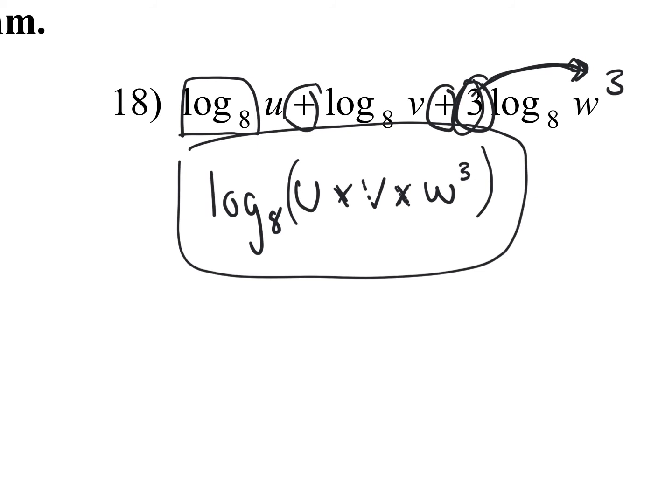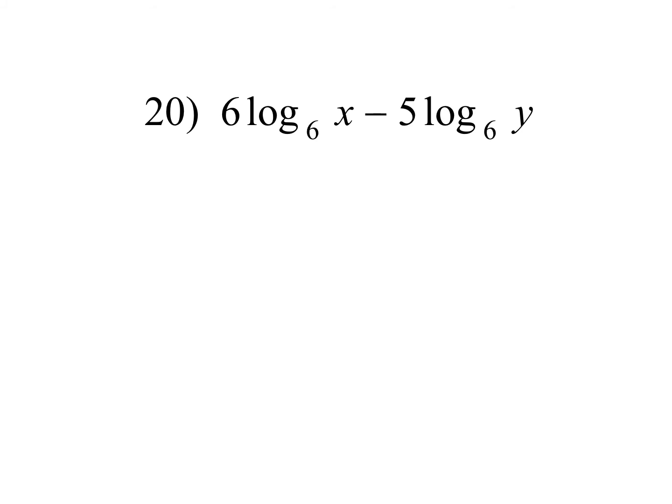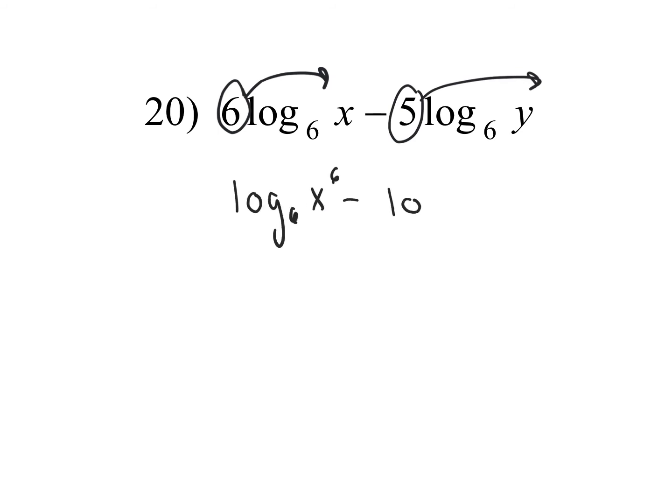All right, let's look at 20. So again, we're condensing it. So what should we do first? Awesome. We bring these numbers up top. So we have log base 6 of x to the 6th power minus log base 6 of y to the 5th power. What do we do next?